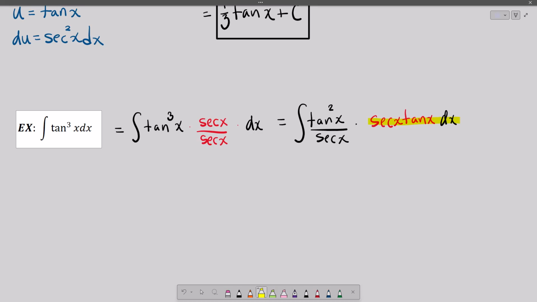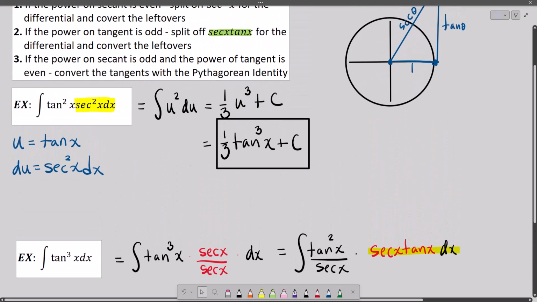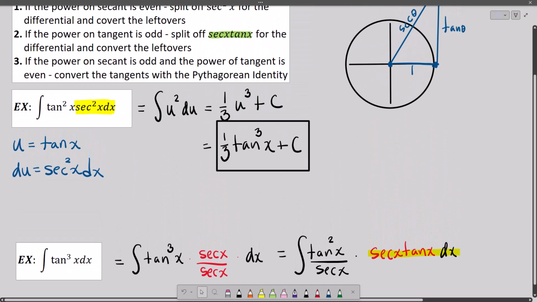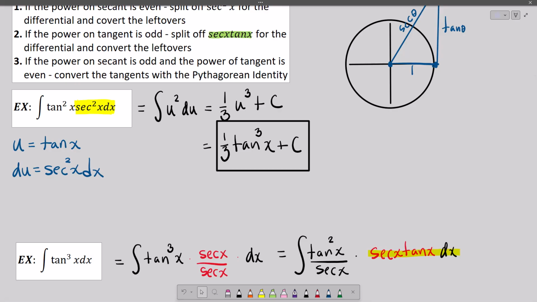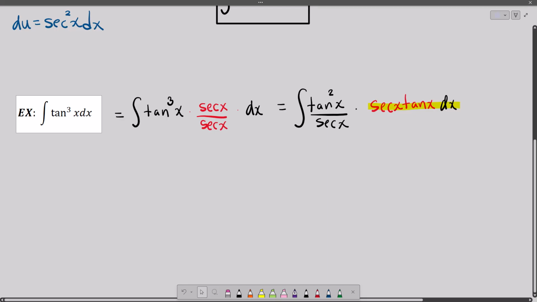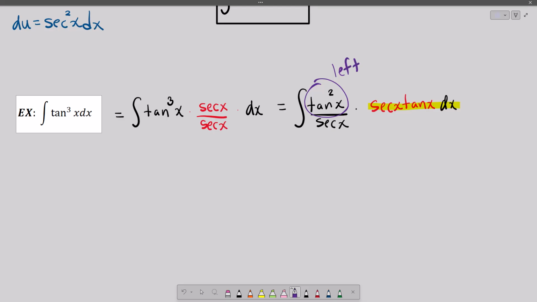Oh, but we still have tangents here. So we have that same second part of our algorithm. Pull off secant tangent for the differential and convert the leftovers. So we pulled off this tangent thing. These guys are considered the leftovers. If we're going to let u be secant, we need to have just secants here. So we need to use a Pythagorean theorem to convert those leftovers.